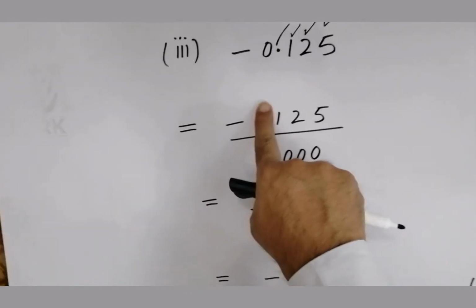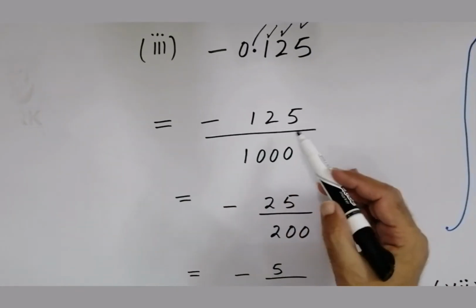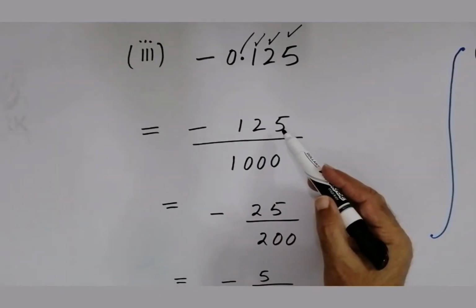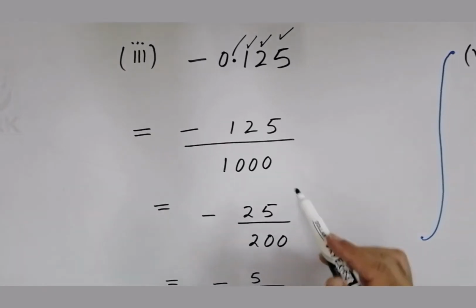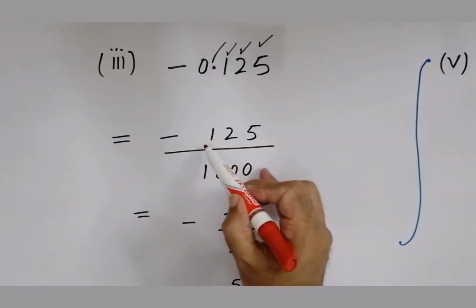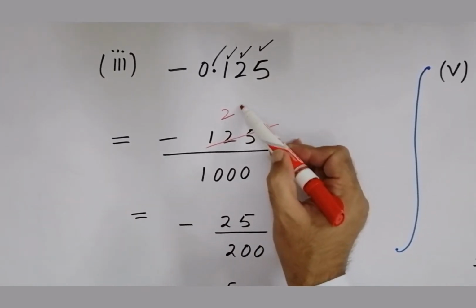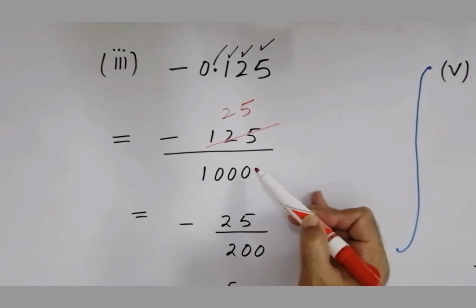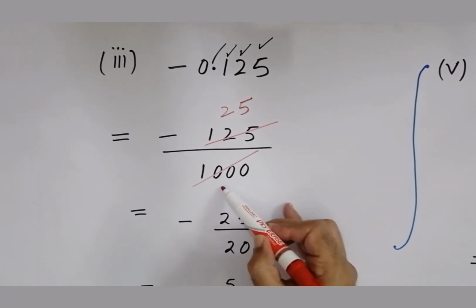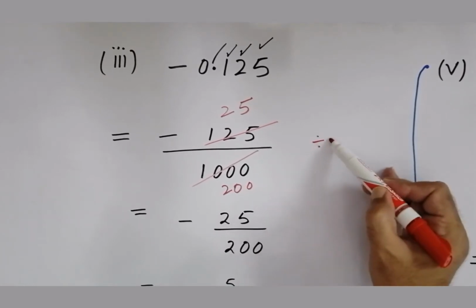Now this 0 is meaningless. Now the common number which can divide 125 and 1000 is 5. So dividing numerator and denominator by 5, 5 2s are 10, 5 5s are 25. Now 5 2s are 10, 0 and 0.